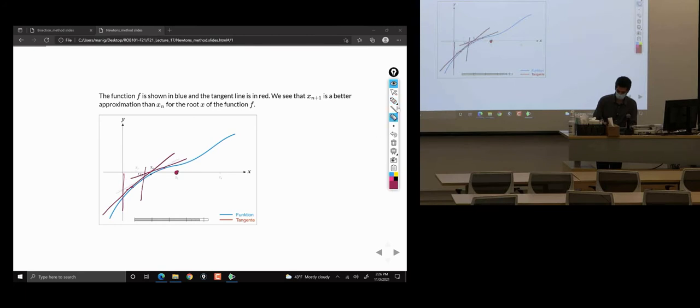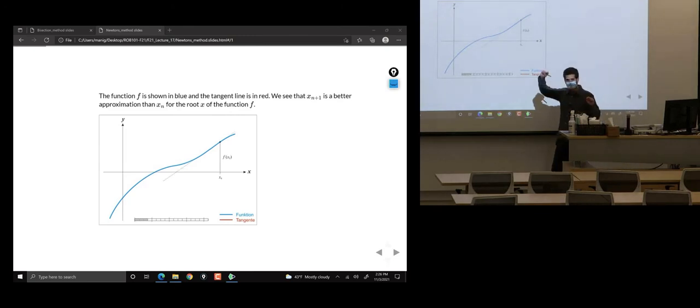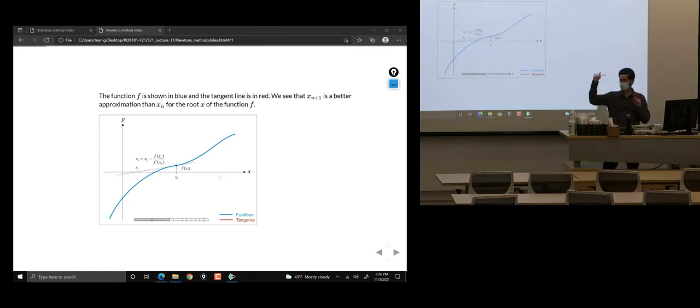Which brings us to the notion of derivative. Now, we could start from this idea that I'm going to replace my function with a line at each point, and then I find out where that line crosses the x-axis. That's my new point.